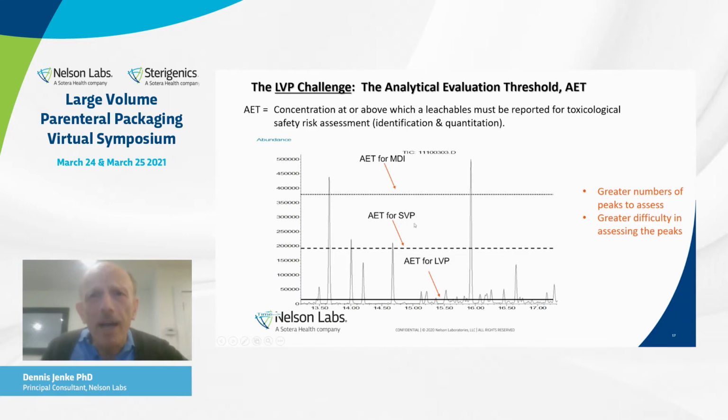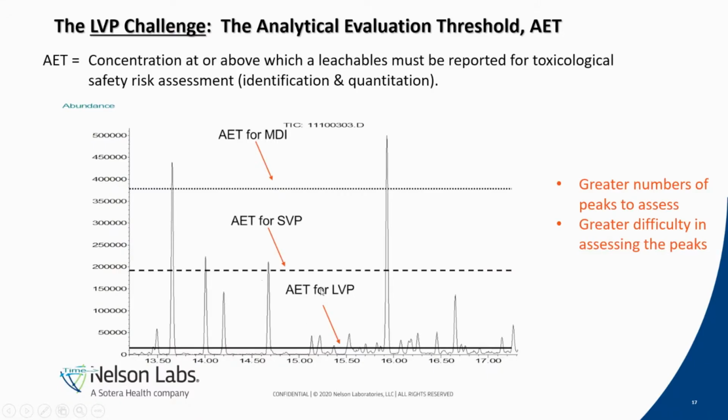For a small volume parenteral, where the daily dose volume might be, say, 50 mL, the AET line is a little bit lower, and we have more peaks in the chromatogram to work with. For LVPs, where the daily dose volume is typically measured in liters, the line is down here, and you see that we're essentially playing in the grass. Many peaks need to be identified, quantified, and reported to the toxicologist for safety assessment.